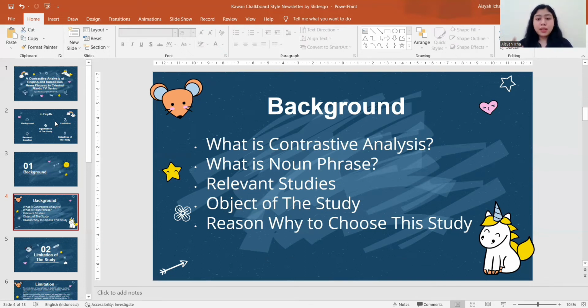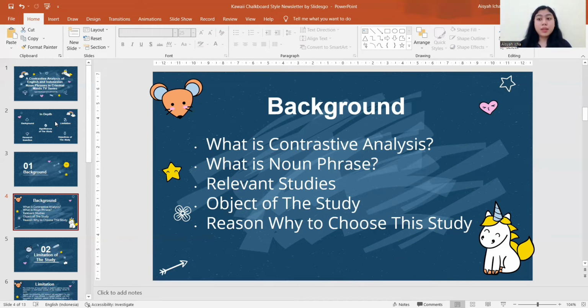And then the object of the study. I use episode 21 from season 5 Criminal Minds TV series that is available in Disney Plus application. And I use all of the noun phrases there.